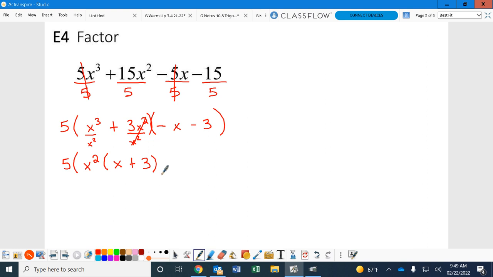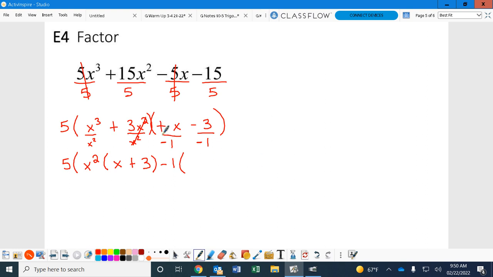Ooh, guys, here's one of them. Here's a reason that you got to pay attention to this. Guys, first of all, this one goes positive, positive, so this one needs to go positive, positive. In order to make this go positive, positive, what are you going to have to divide both of them by? A negative. That's the first thing. And then what's the only thing they have in common? 1. That is it. Negative 1 is going to be your GCF. If there is nothing else, then the only thing you can take out is 1. We're going to put a minus 1 right here, and we're going to start our parentheses. We're going to open another parentheses.